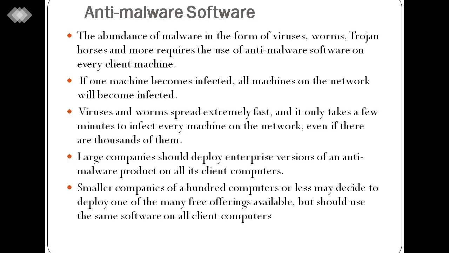Next we learned about anti-malware software. Viruses and worms spread extremely fast, and it takes only a few minutes to infect every machine on the network. So client computers require more security from anti-malware software.